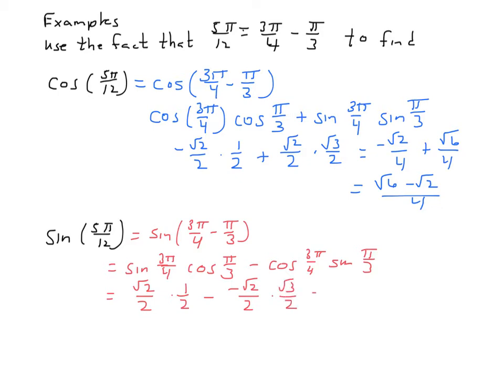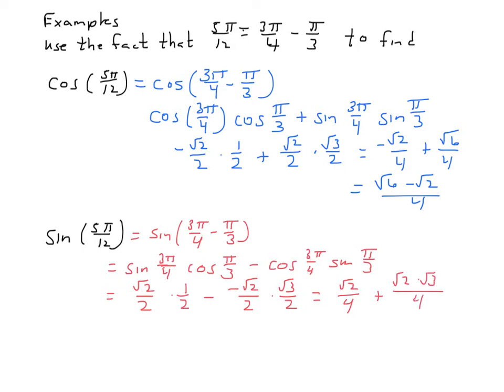Now this right here can also be written in this way. When I multiply it out and simplify it, I'm going to get the square root of 2 over 4 plus, now this time I'm not going to actually multiply those two out. It's just going to be plus square root 2 times the square root of 3 over 4.